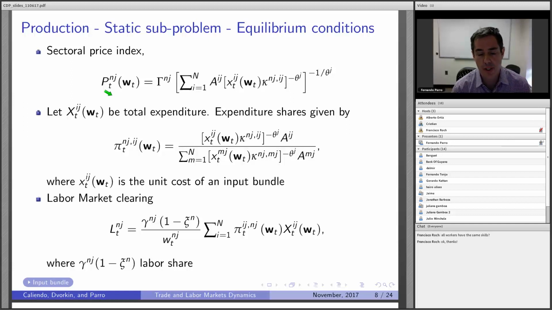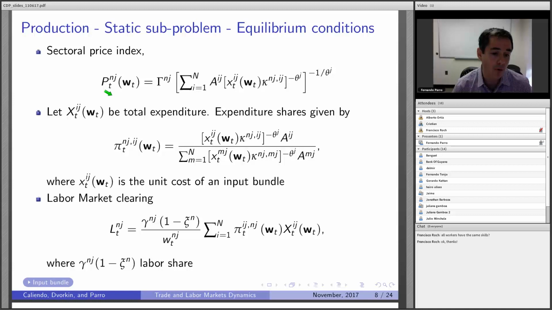Kappa are shipping costs, and A are productivities in the origin, the exporting labor markets. We can also solve for the fraction of goods that are purchased by firms in industry J and location N from location I. So this pi describes the gravity trade equation that is delivered by this model.